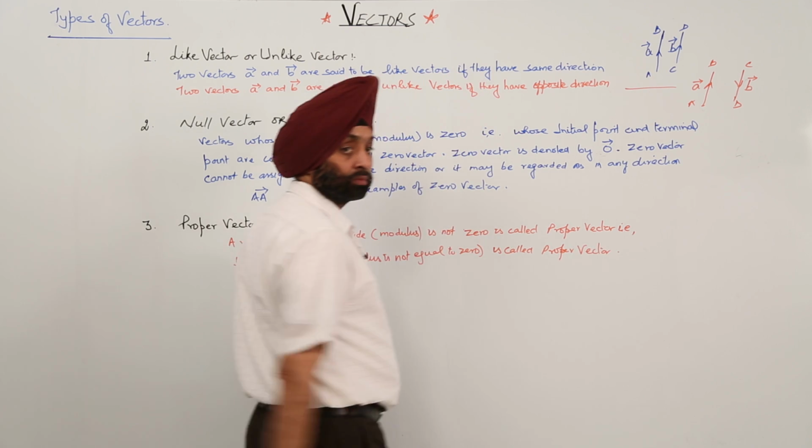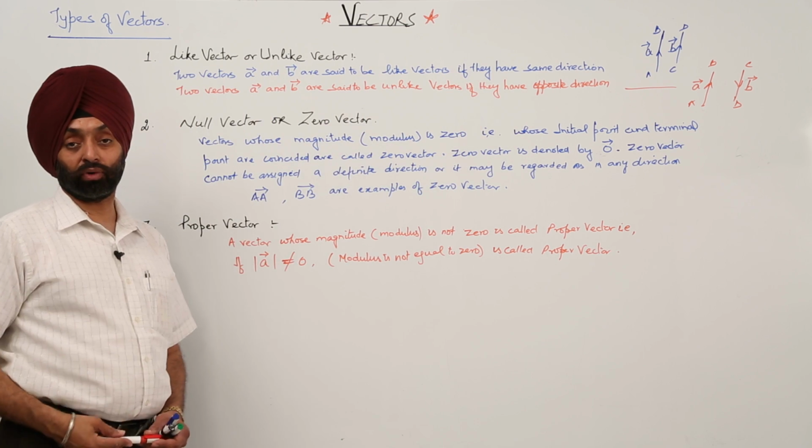So we are having 3 definitions for types of vectors.